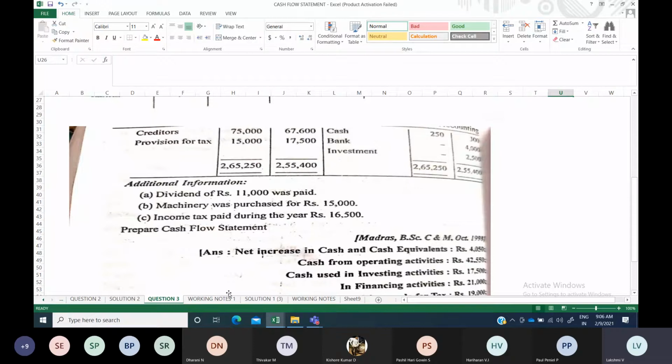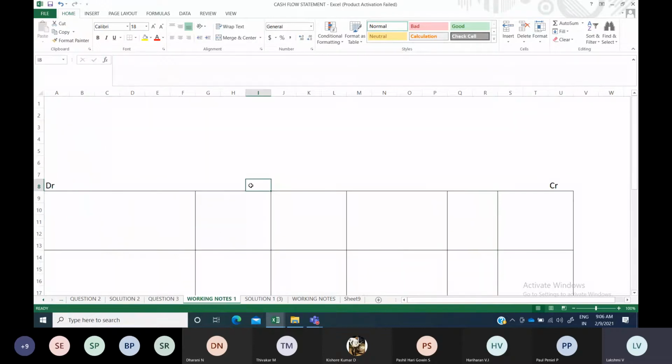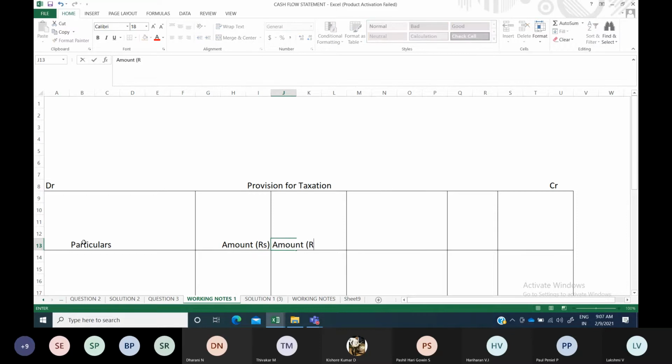Now let us move to working note 1, where I am going to prepare the provision for taxation. You'll be having a particulars column, amount column, inner column and outer column.